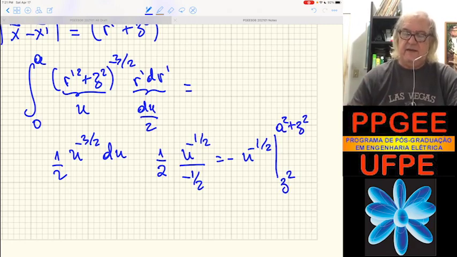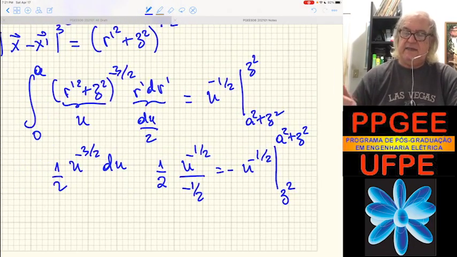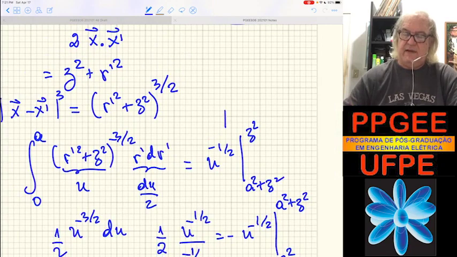It's going to be u to the minus 1/2 from a squared plus z squared to z squared. So this is going to give equals to 1 over (z squared) to 1/2, that we have to be careful, right?